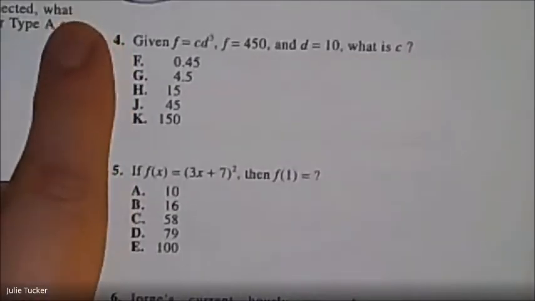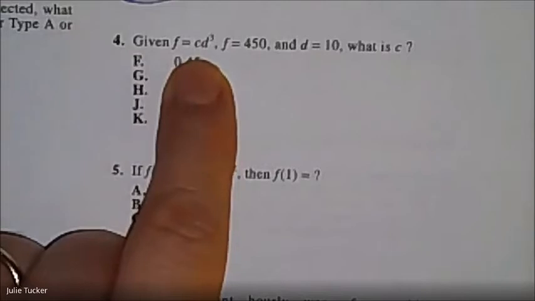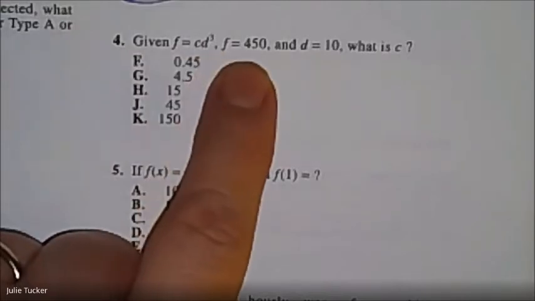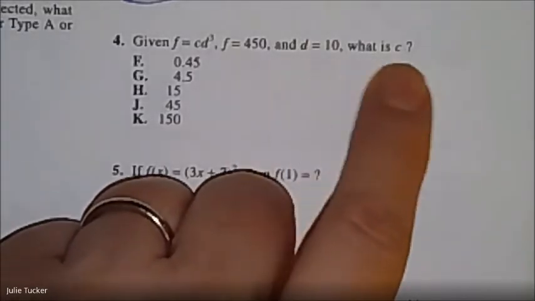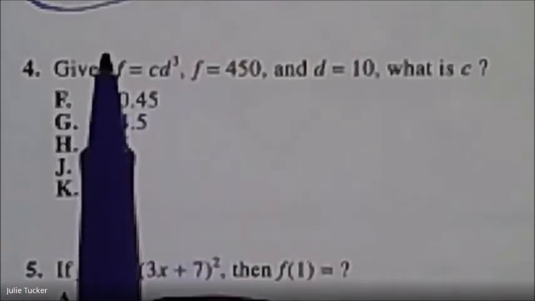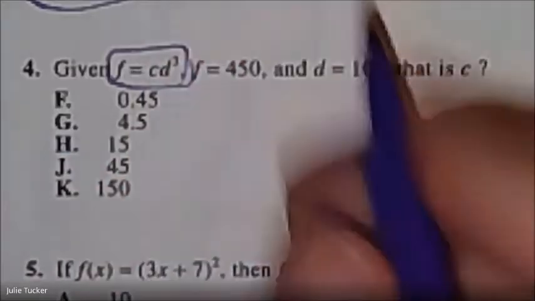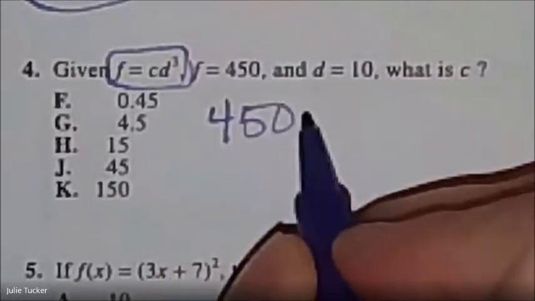Okay, number 4. Given F equals C D cubed, F equals 450, and D equals 10, what is C? Do you need me to zoom that so you can read it better? Okay. So what would you have me write down first if I'm replacing things in this formula? F. Yep. So 450 equals, then what?